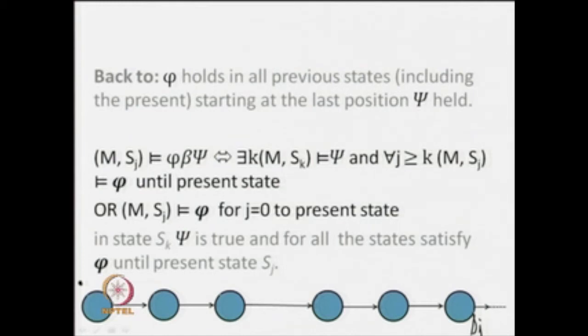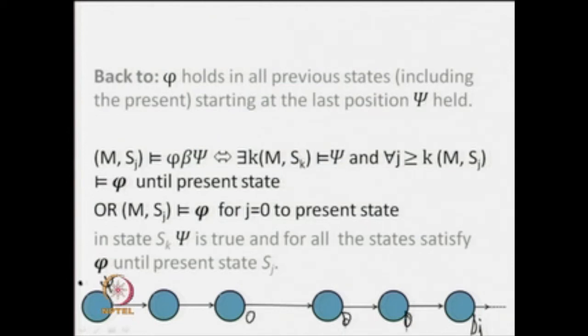Similarly to until in the future, phi until psi, here phi back to psi means we get some state in this model in the past where psi holds, and all the states between that state and S j have phi holding.